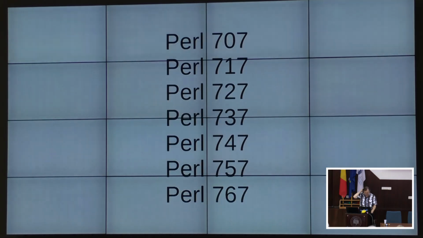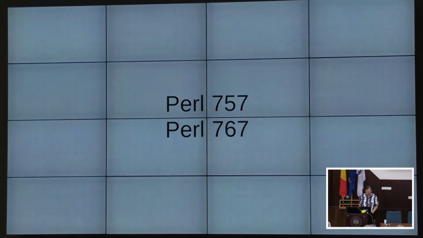So we have different models of Perl too that we've had over the years, and currently these are the two models in service. Actually, you can compile Perl 717. Somebody's been keeping it up to date.